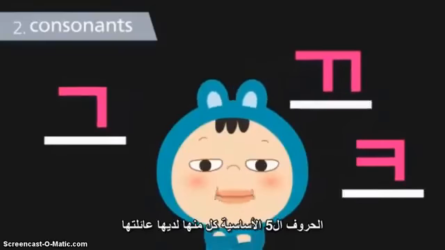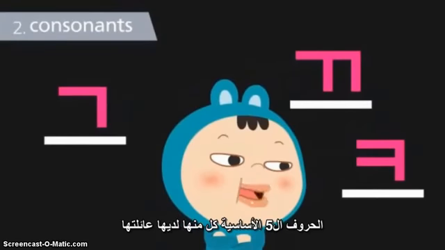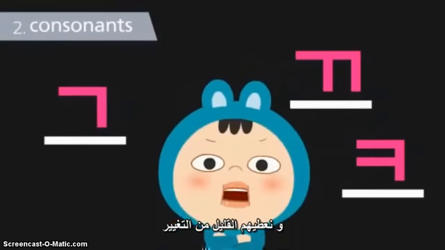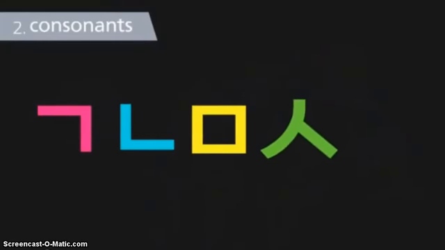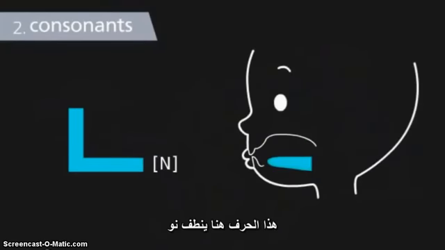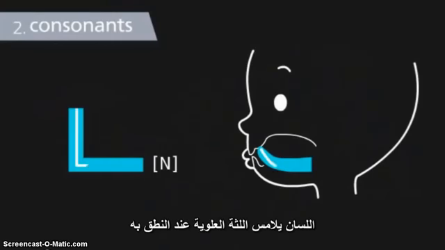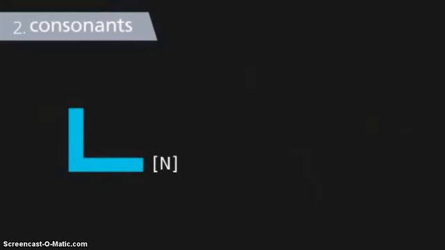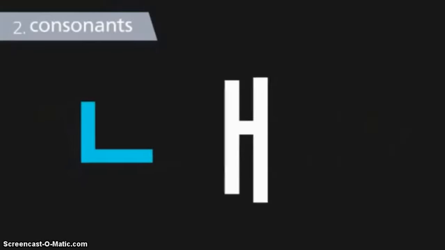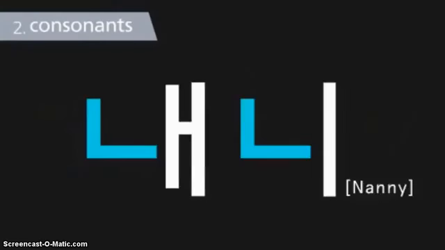So the 5 basic consonants make their own family. You can just give them a little bit of changes. This one here sounds nu. It depicts the tongue touching the upper gums when you pronounce it. For example, nanny.